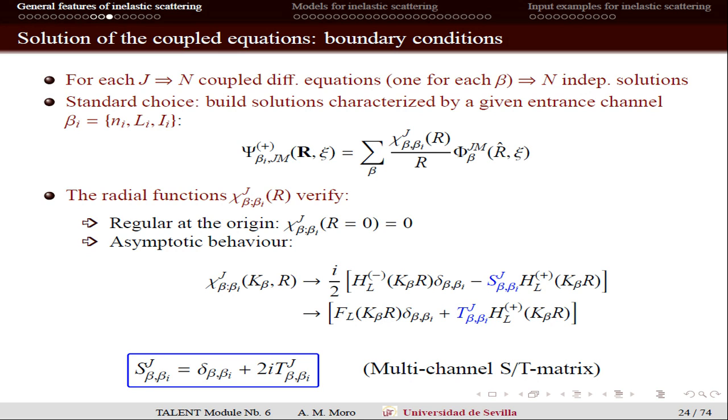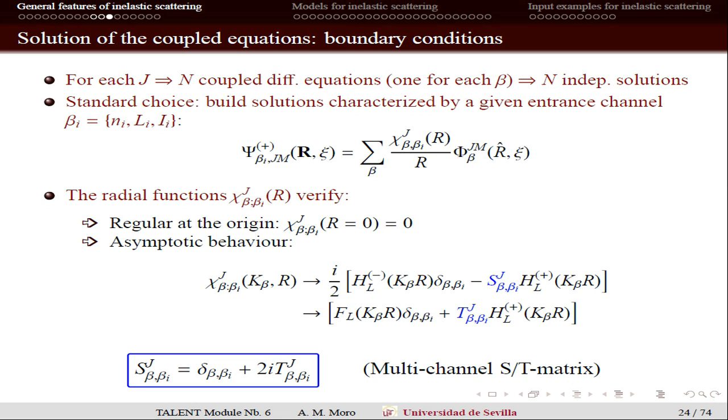These solutions, remember, are the H minus and H plus Hankel functions, or the F and G, the regular and irregular functions, or some combination of them. For example, if we write the boundary condition in this form, then the coefficient of the H plus function corresponds to the S matrix.